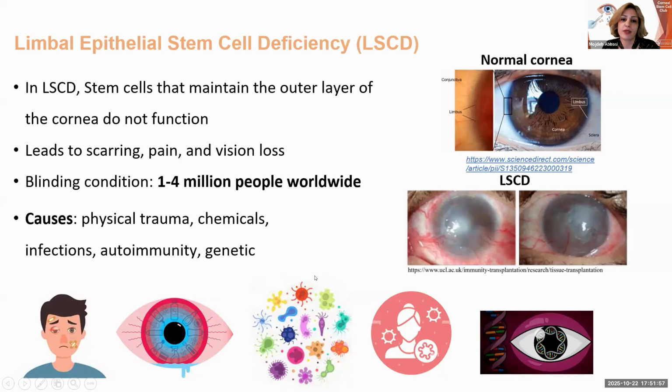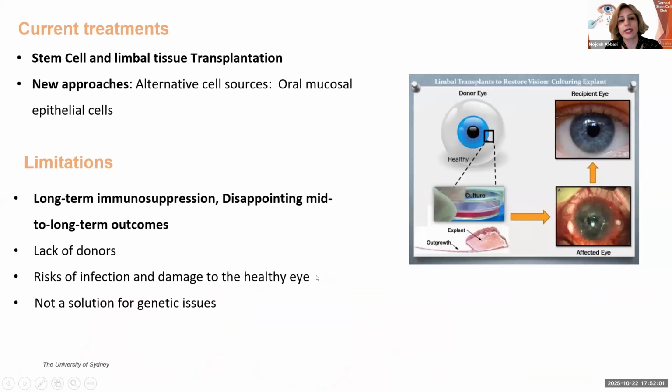I will skip my slide 1 and also my slide 2. We know that the current treatment for limbal stem cell deficiency is stem cell transplantation, and there are new approaches like using new sources for stem cells, for example, oral mucosal epithelial cells.